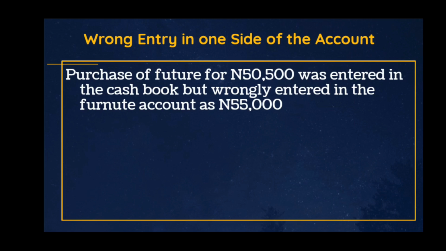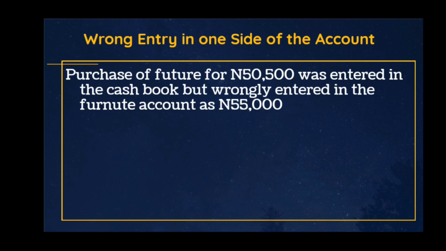So instead of entering 50,500 naira in the furniture account, it was 55,000 naira that was entered. If we look at this amount, we realize that it is bigger than the amount that is supposed to be entered into the account. That is, the furniture account has been overstated.